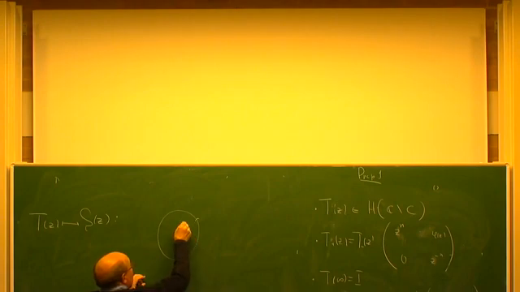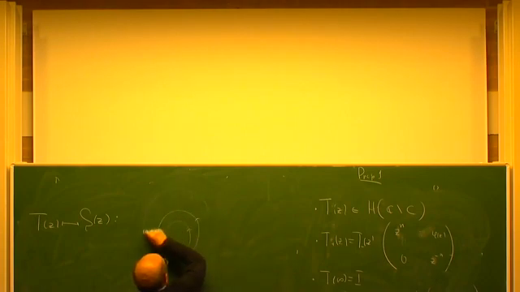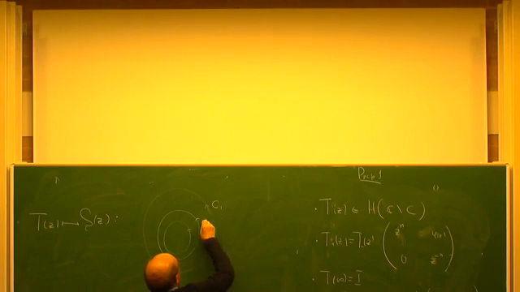Let's consider the smaller circle here and the bigger circle there. This is C1, this is C, this is C2. So these three circles divide the plane into four domains.